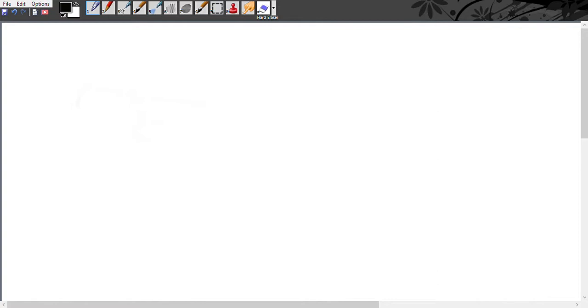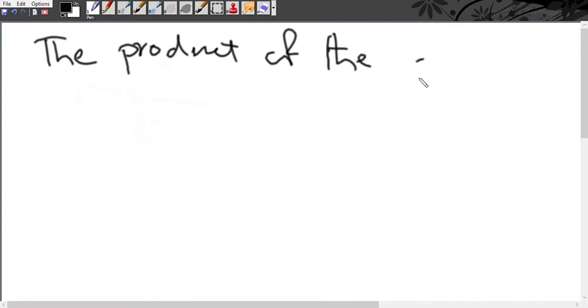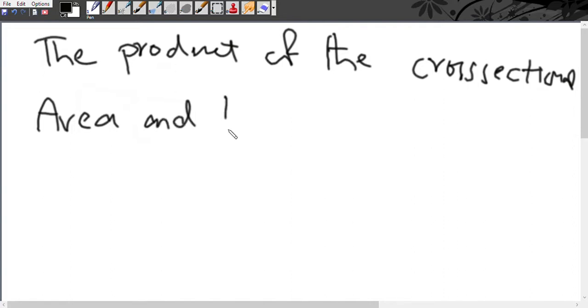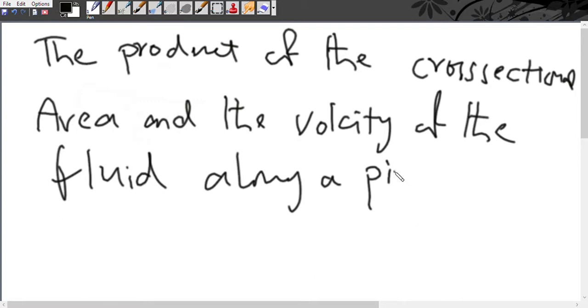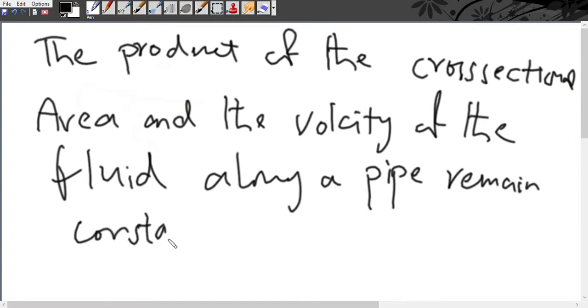Coming toward the definition of the equation of continuity, it says that the product of the cross-sectional area and the velocity of the fluid along a pipe remains constant.